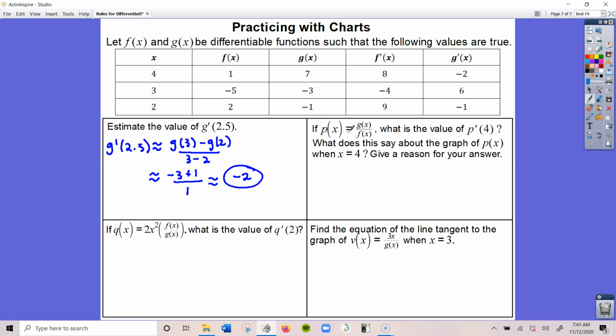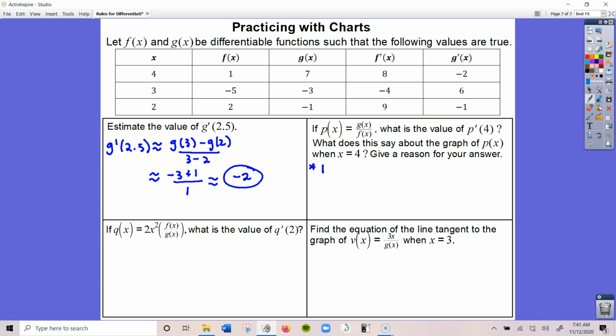Moving on to this next one, we have if p of x is equal to g of x over f of x, what is the value of p prime of 4? What does this say about the graph of p of x when x is equal to 4? And give a reason for your answer. So first let's find what p prime of 4 is, and then we can answer that follow-up question.